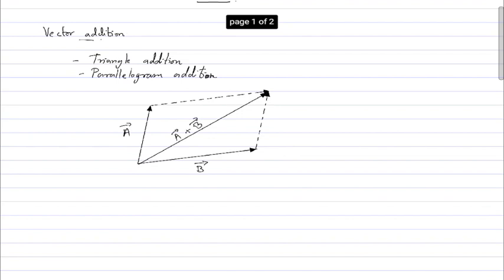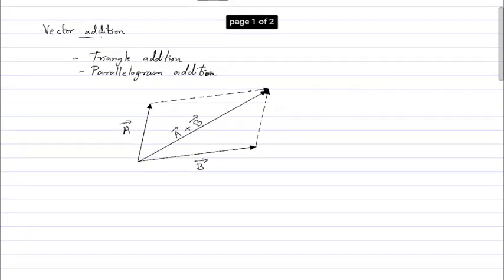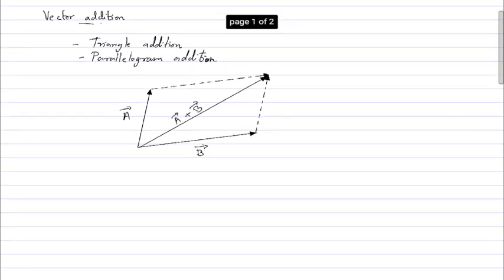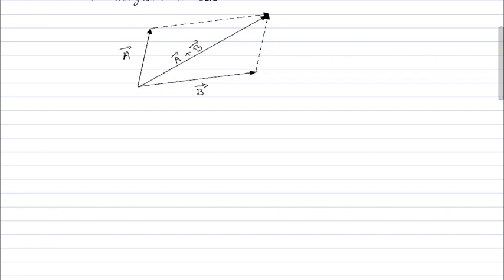There are problems in the textbook that ask you to do this in particular. You can choose to do that in some other problems, or you could choose to use my favorite method to add two vectors, which is nothing but resolve into components and add.